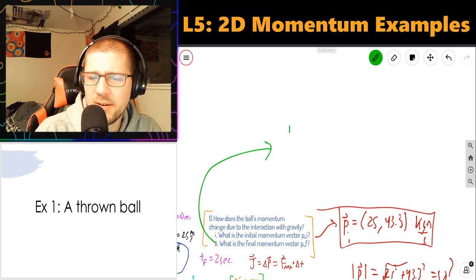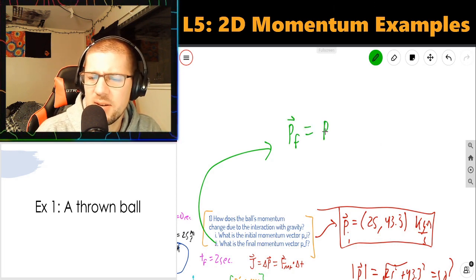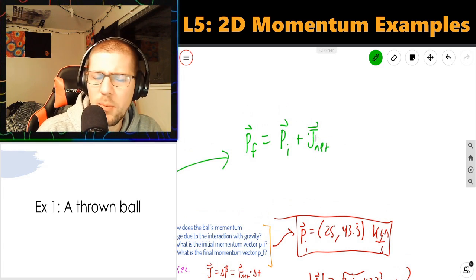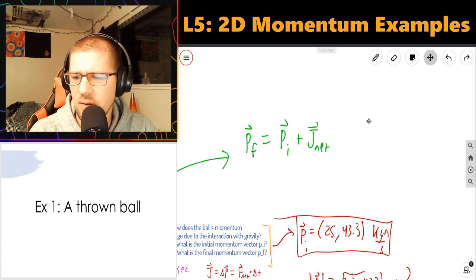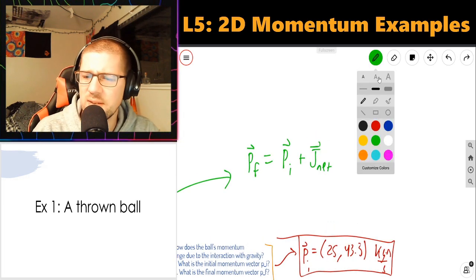The final momentum vector is defined as the initial plus the change. And what is this J? J represents a net force. It represents an exposure to a net external force outside of my system.